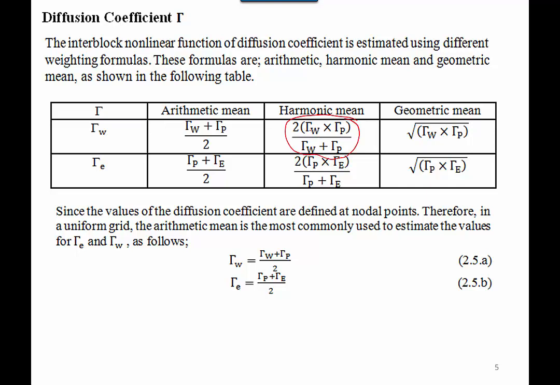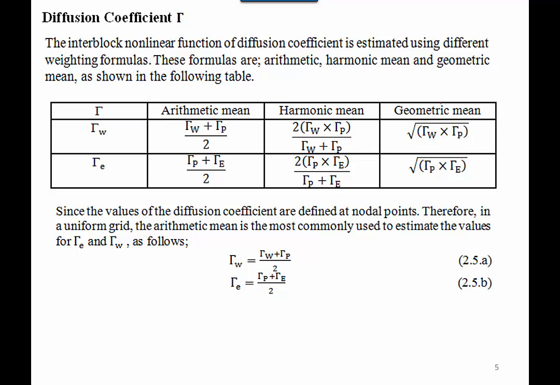We multiply both values of the neighboring points by 2, and divide the result by the summation of these values, which is gamma at west point plus gamma at point P. And also for gamma at east, if we use the harmonic mean, we multiply the neighboring values at point P and point E by 2, and we divide the result by the summation of its values, gamma at P plus gamma at E.